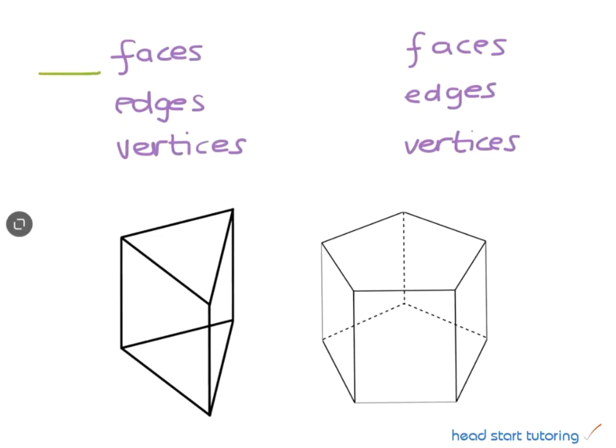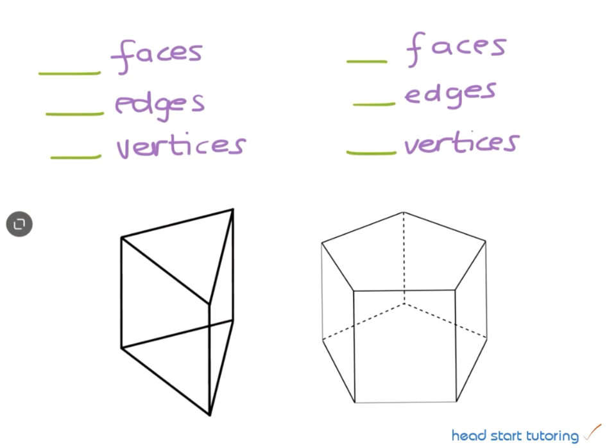We are going to have a look at how many faces, edges, and vertices our triangular prism has, and how many faces, edges, and vertices our pentagonal prism has. So let's have a look at our triangular prism first.